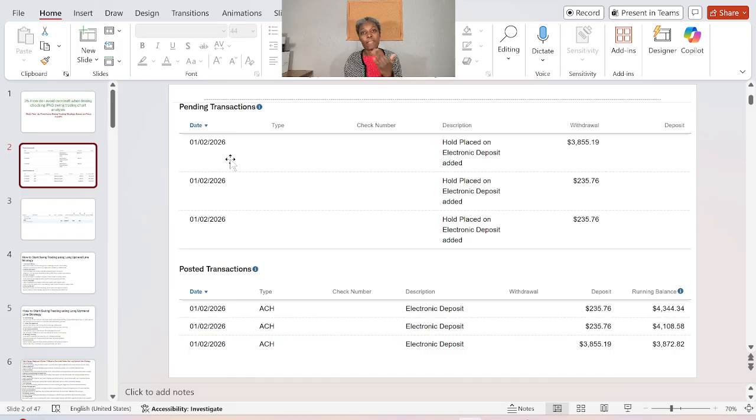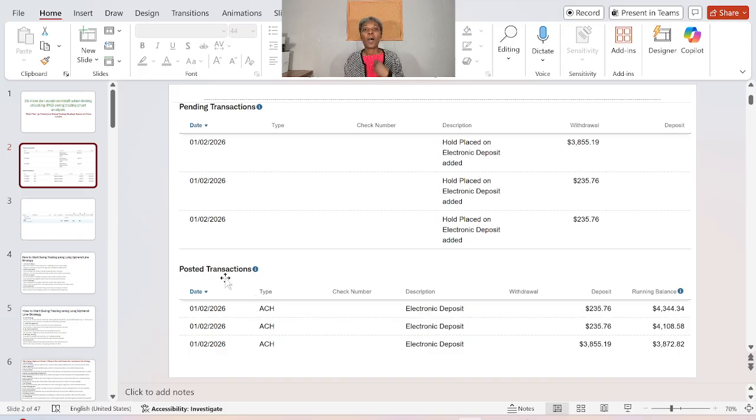Yesterday, January 7, 2026, I checked, and it was still showing on hold. It was not showing in the posted transactions section. It was still showing pending, on hold for that amount. And this morning, for this video, I checked it again, and guess what?